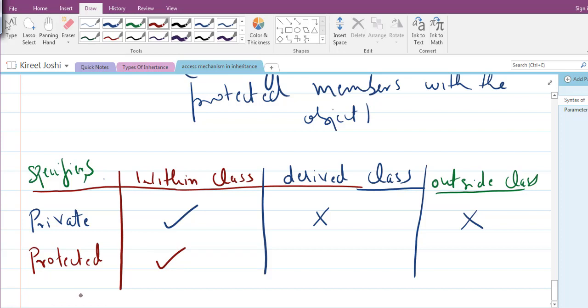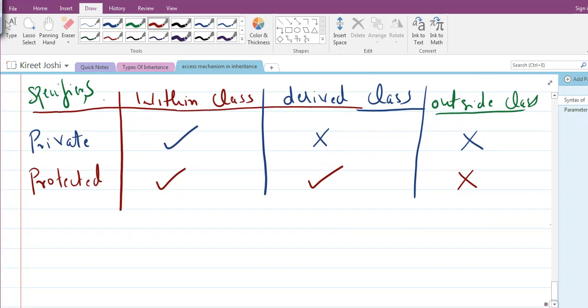These protected members can also be accessed in the derived class, that will be inherited from the existing class, but they cannot be accessed outside the class. So again, you cannot access the protected members with the object directly. You have to remember these.